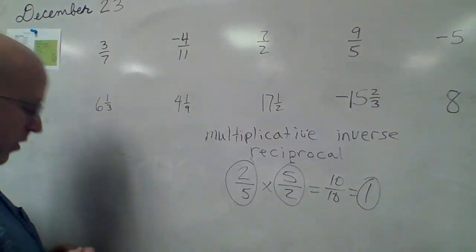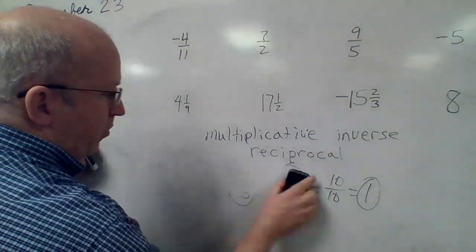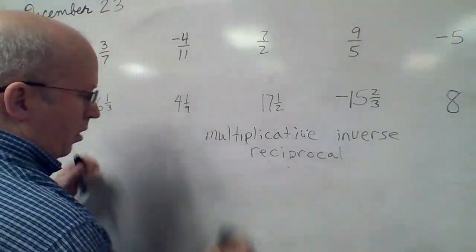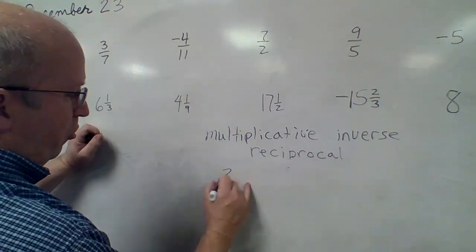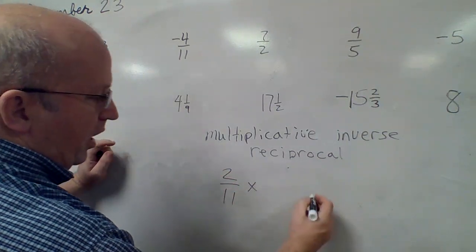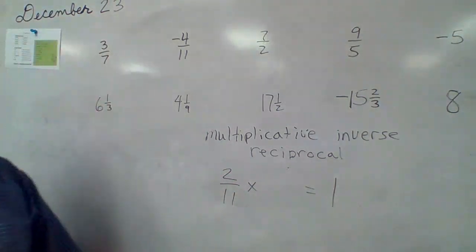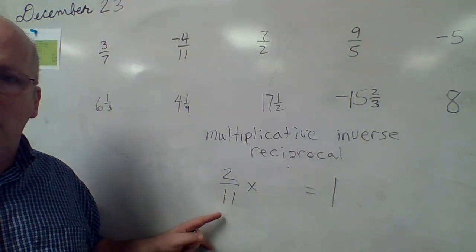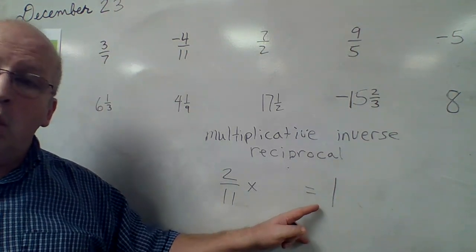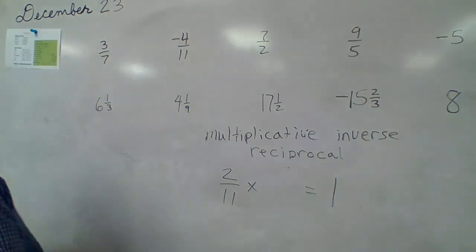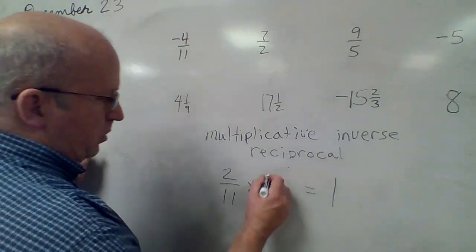Let's do it again with a different set of numbers. If I wrote the number 2/11 and I said to you, what number can I multiply 2/11 by to get me to the number 1? Just flip the numbers.